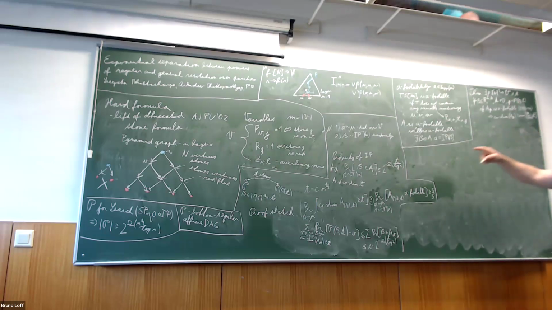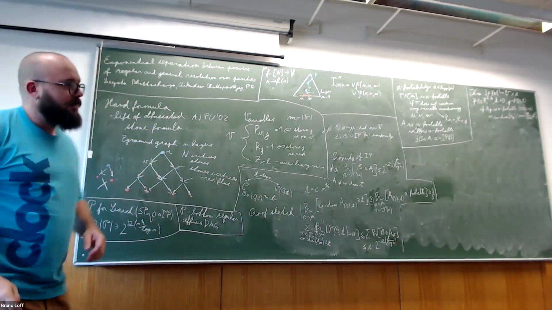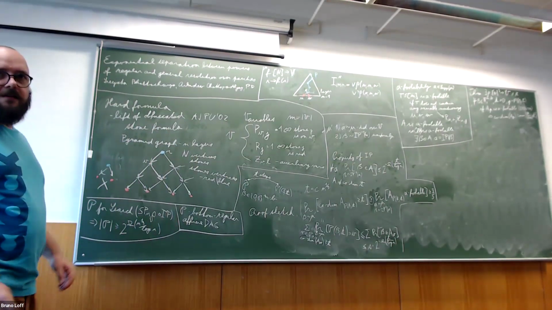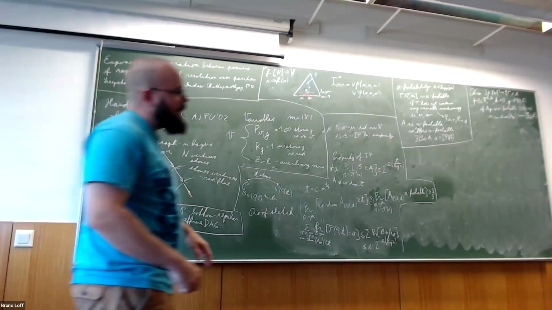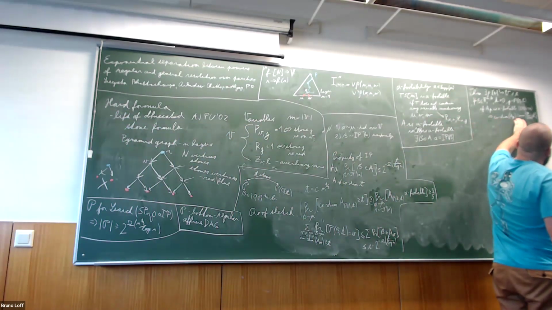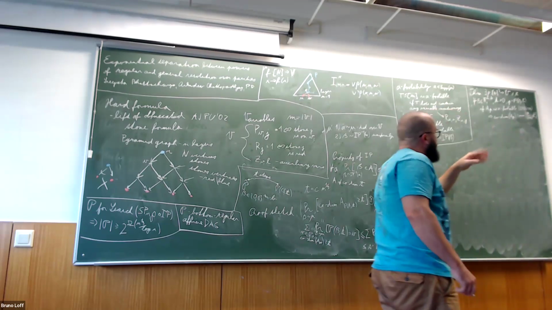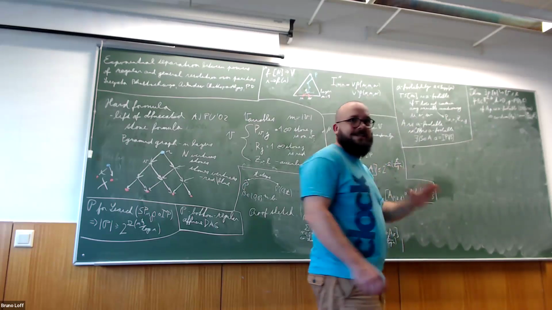Capital N is the number of nodes of the pyramid graph, small n is the number of layers. So this inequality holds up to some bound which t never achieves in our proofs.